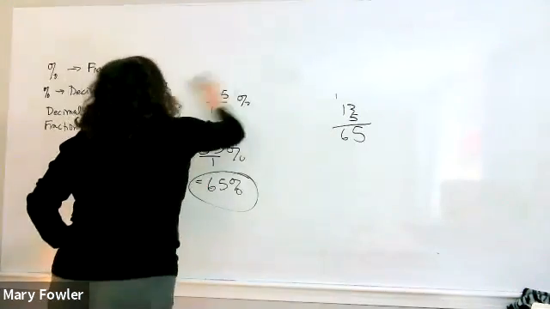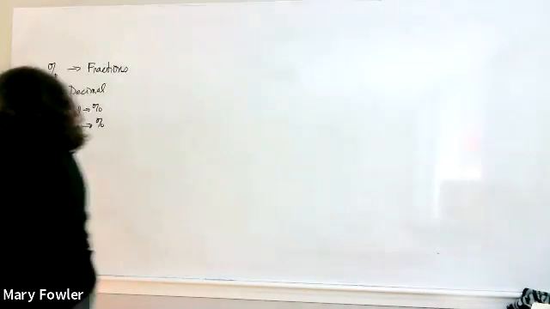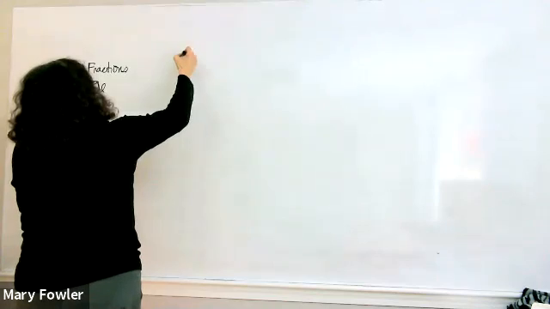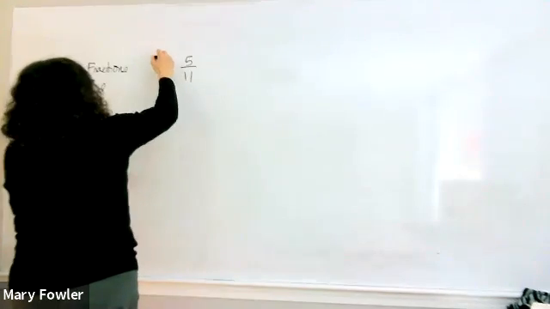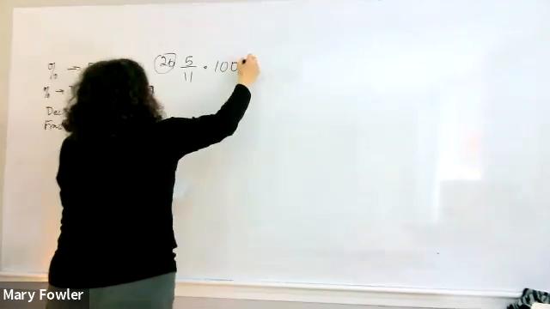So number 26 is 5 over 11. Multiply this times 100%.